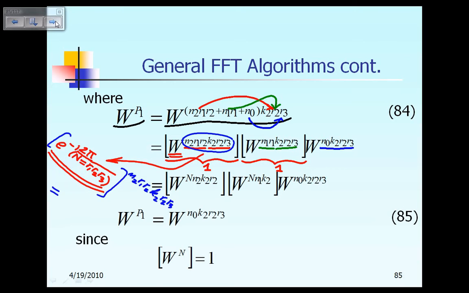First, you recognize R1, R2, R3 that you have in this denominator here. You can cancel with R1, R2, R3 with that one over there. So the equation I just wrote for you over there now become simply E raised to the power minus I 2 pi, the whole thing, raised to the power N2, K2, and R2.